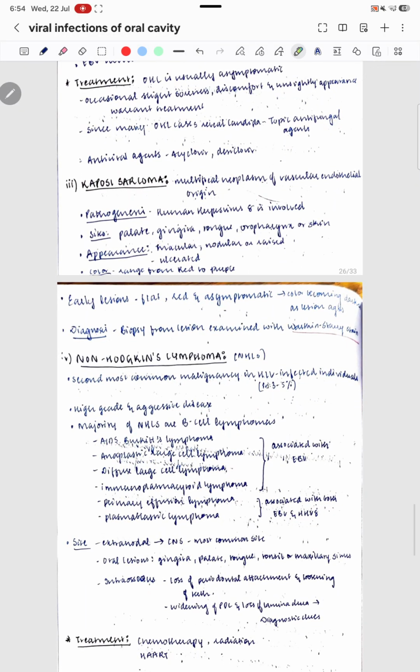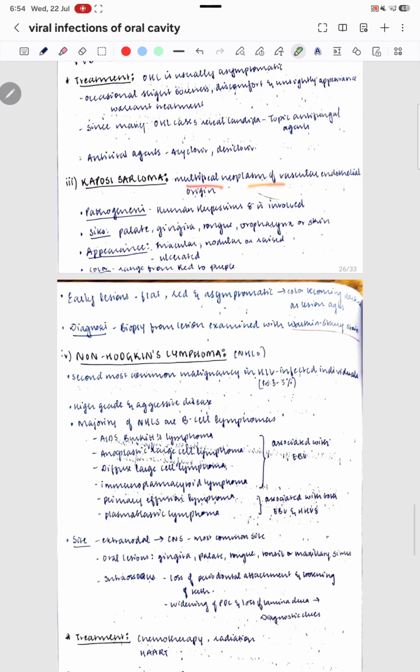Then there is Kaposi sarcoma, a multifocal neoplasm of vascular endothelial origin.